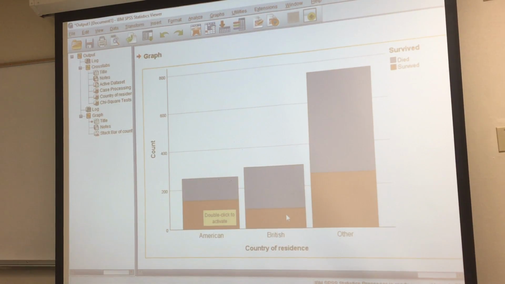But for the British, fewer people survived and more people died. And for all others, fewer people survived and more people died. So you can see from the graph that the percentage of dying and the percentage of surviving are different among different groups.